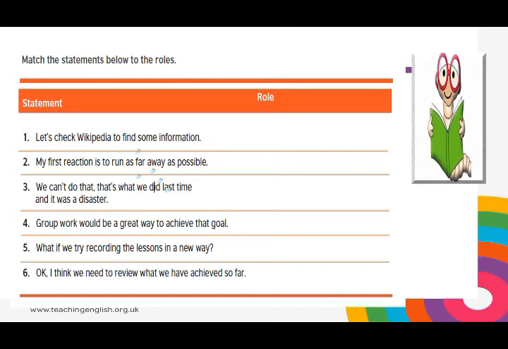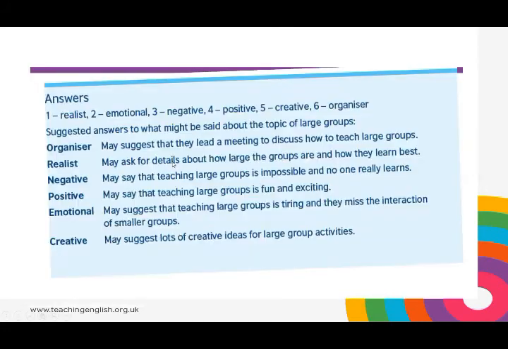So as you see, these are the answers. Organizers may suggest that they lead a meeting to discuss how to teach large groups. Realists may ask for details about how large groups are and how they learn best.